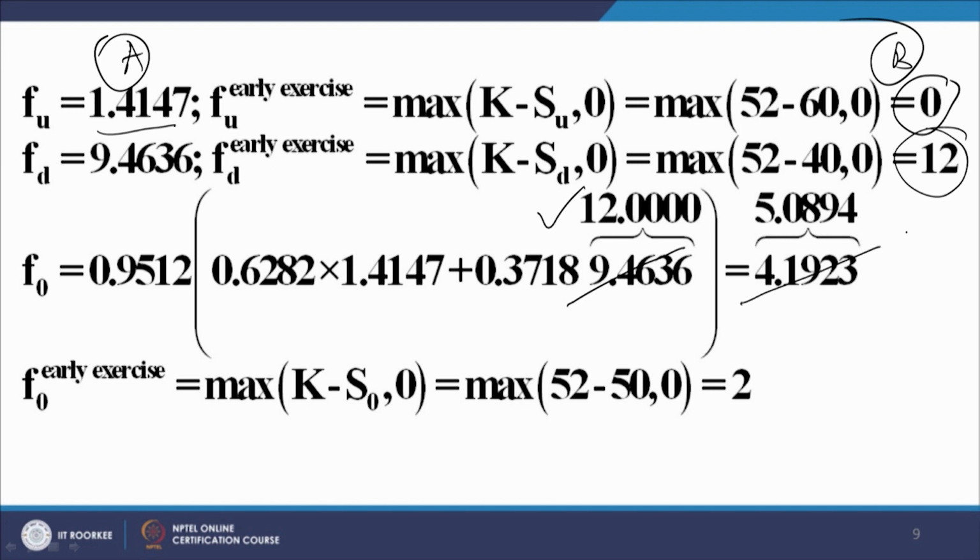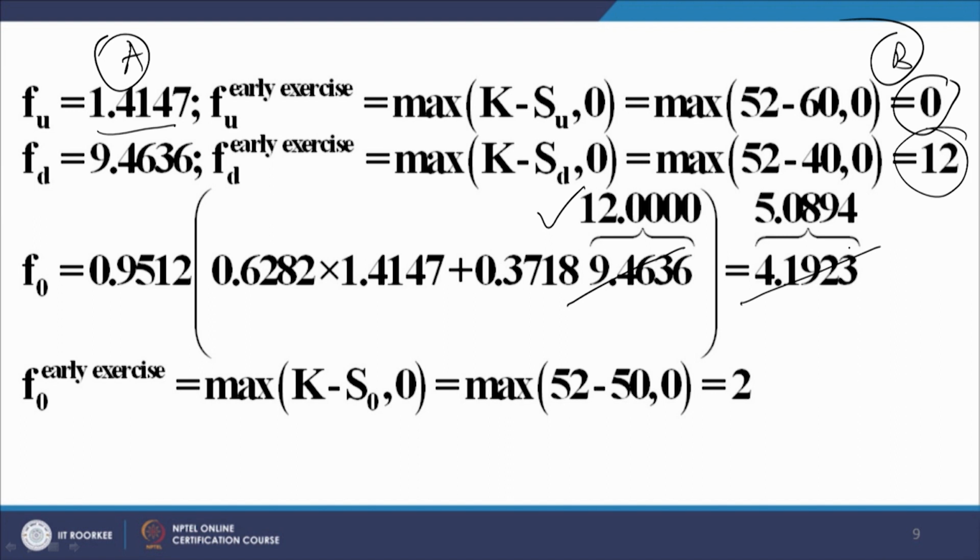So, this is how we work, and please note, finally, we also check for early exercise at t equal to 0, that is at the node A. Now, at the node A, the stock price is equal to 50, the exercise price is 52, therefore, the payoff from the option is only 2. However, the price of the option turns out to be 5.0894, therefore, we will go along with the computed value of the option at node A, that is 5.0894, which will represent the worth of the option, which will represent the price of the option.